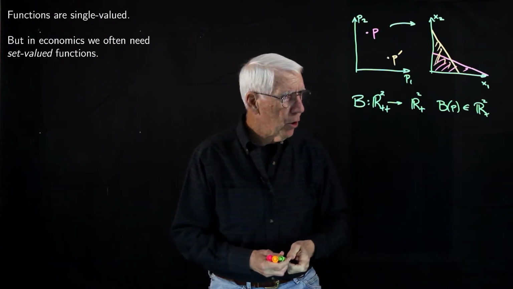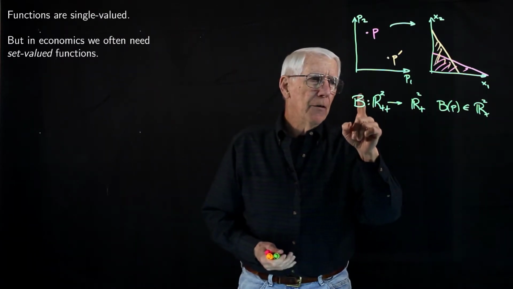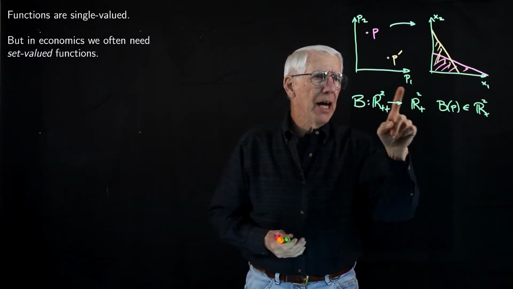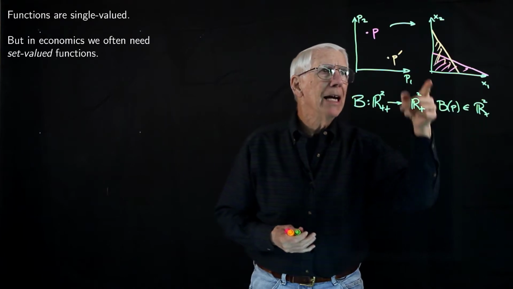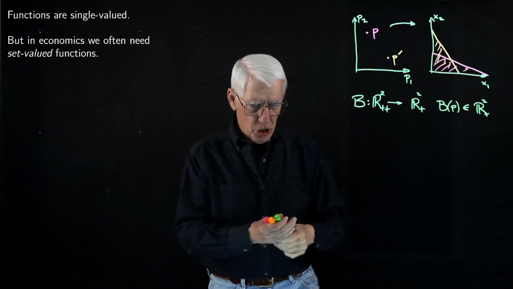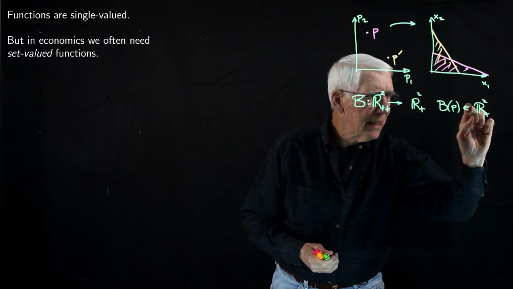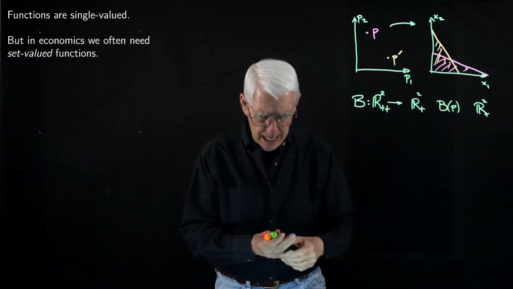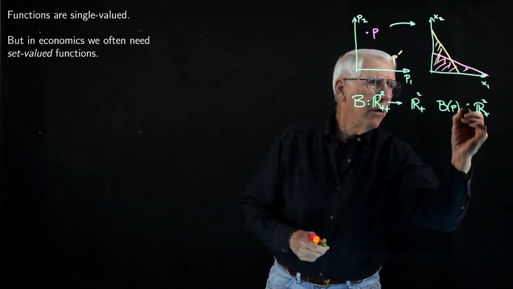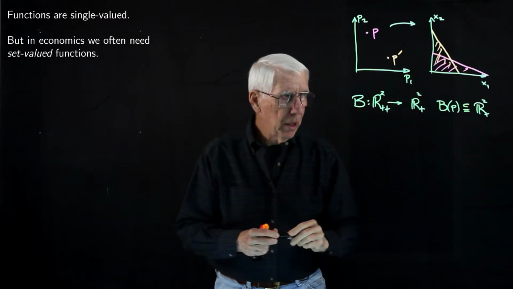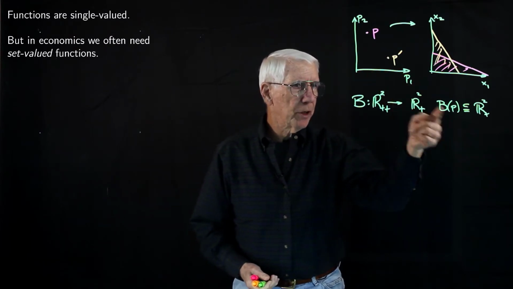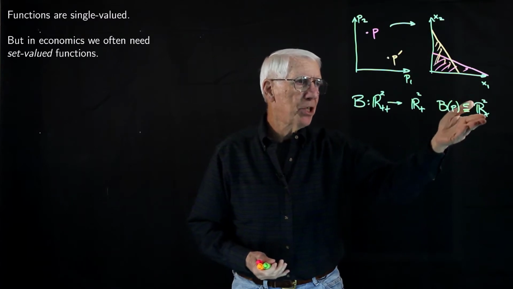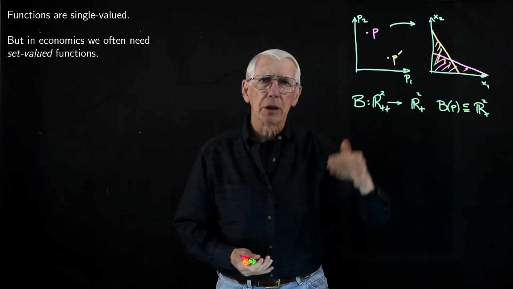So here, though, what the set-valued function B picks out is not an element of R2+, but a subset of R2+. So let's take off this element symbol here, and we will replace it with a subset symbol. And so for every price list over here in R2++, B of P is a subset of R2+, of a certain kind.